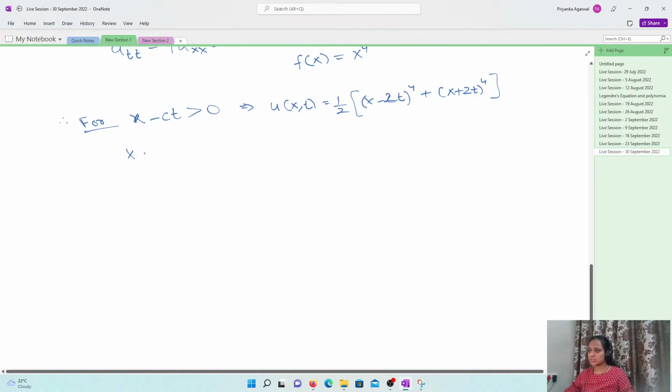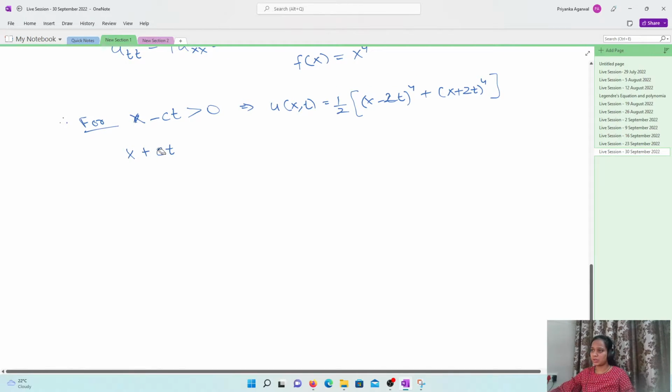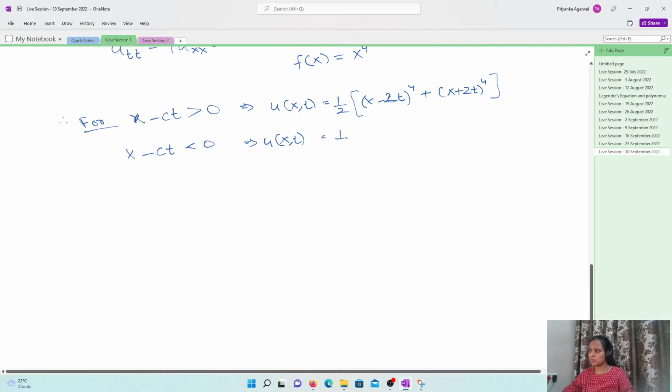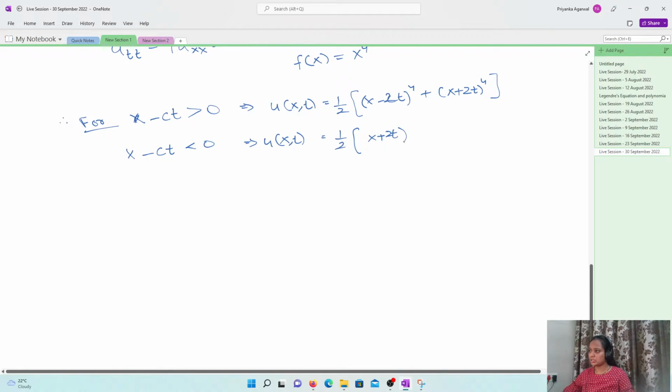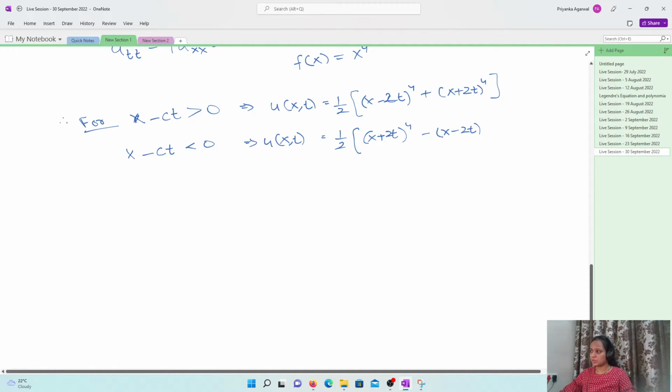And for x minus ct greater than 0 it is this, and for x minus ct less than 0, the solution will become 1/2 [(x plus 2t) to the power 4 minus (x minus 2t) to the power 4].